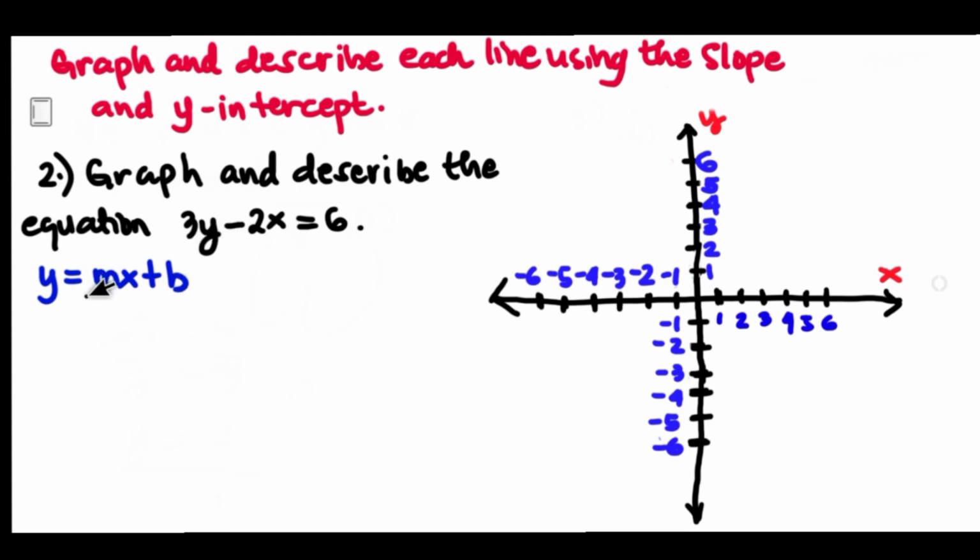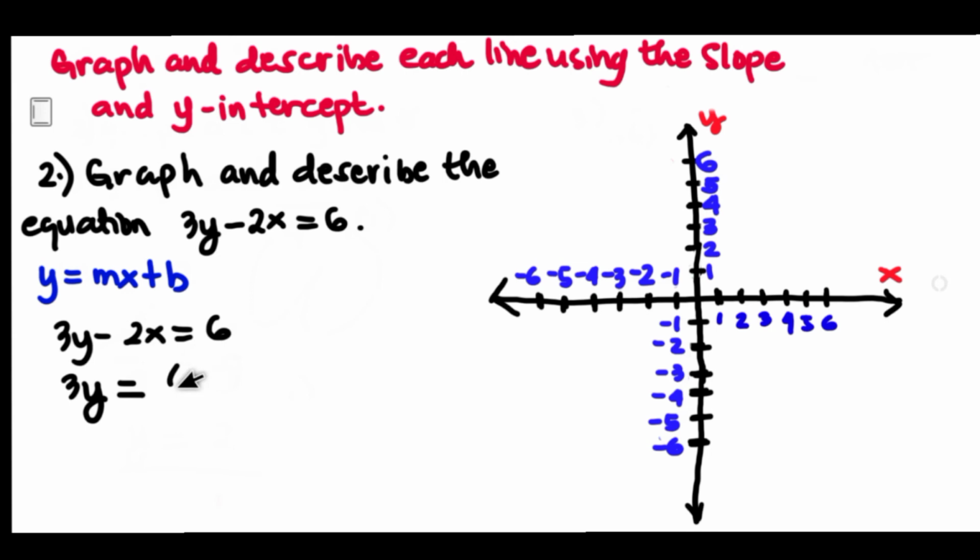So, here, we copy 3y minus 2x is equal to 6. We only need 3y here. So, since it is negative 2x, we will add positive 2x to both sides, so the term with 3y becomes 0 and only 3y remains.